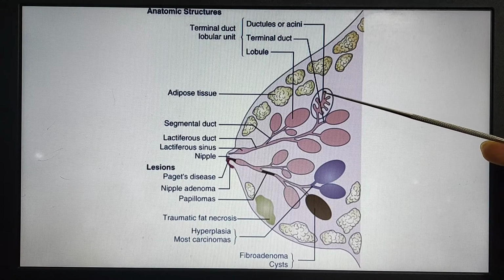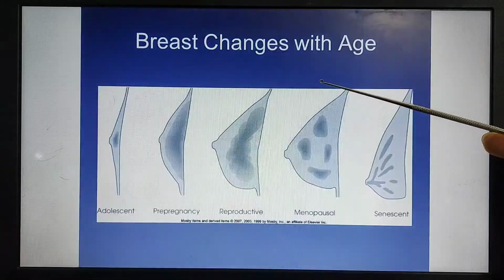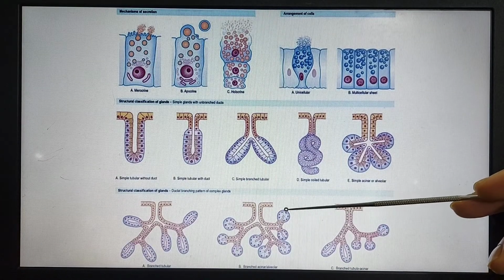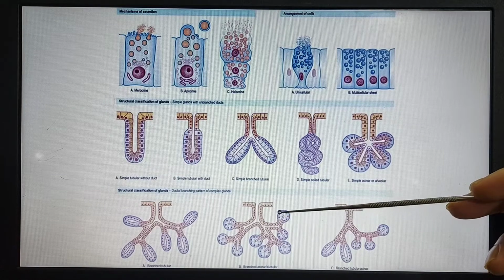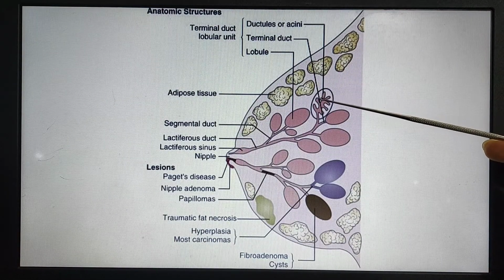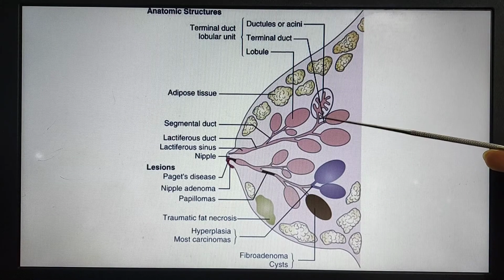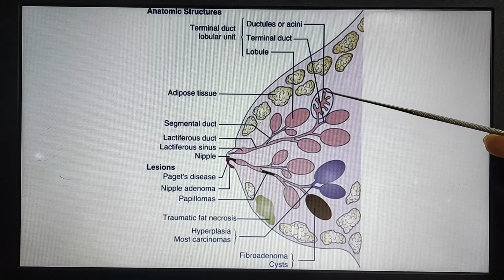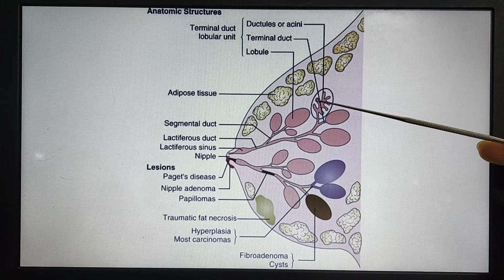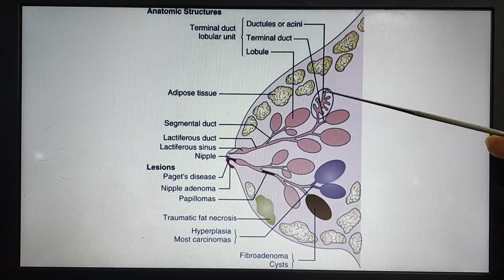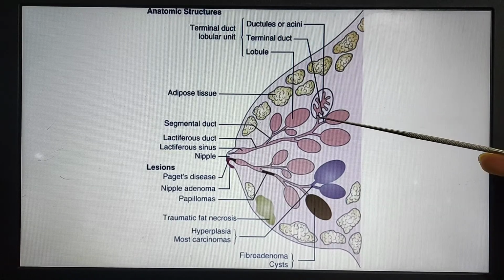Then there is a duct. Here we see the acini, or alveoli, and the duct. This duct is known as the terminal duct. Together, the acini or alveoli, the terminal duct, and the surrounding connective tissue form the breast lobule.